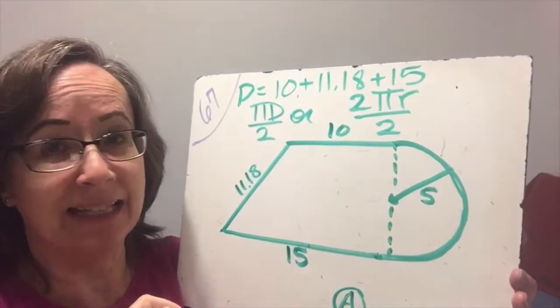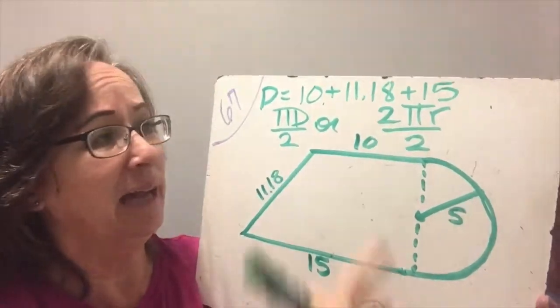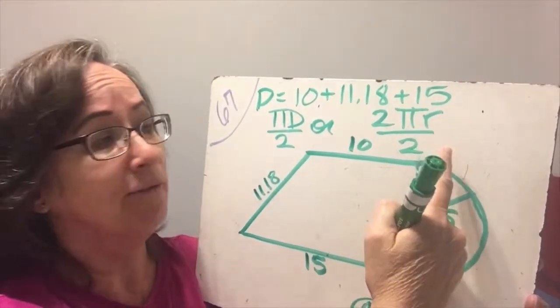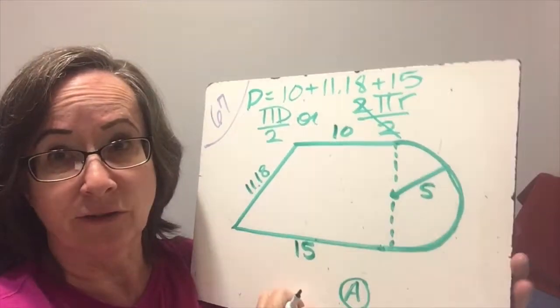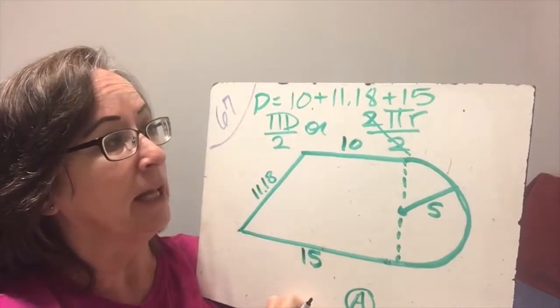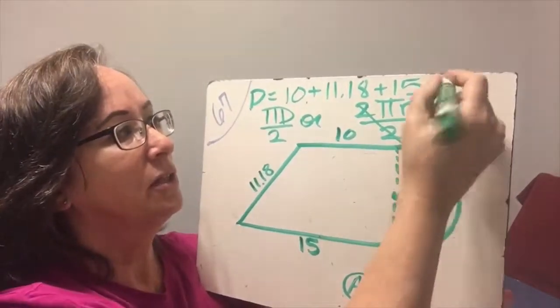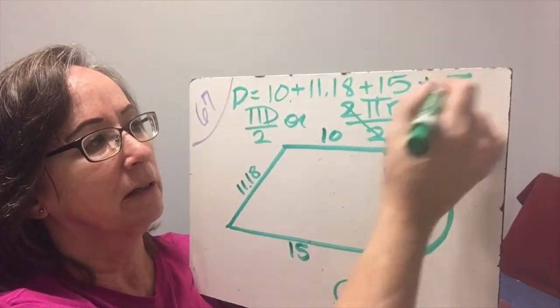Because I'm just going to have to cut a diameter in half, I'm going with this one. They both mean the same thing, but I like to use this one for a half circle. The 2's are going to cancel because you've got 2 and 2 on the bottom. So we have pi r, and r is 5. So over here, we're going to add 5 pi.